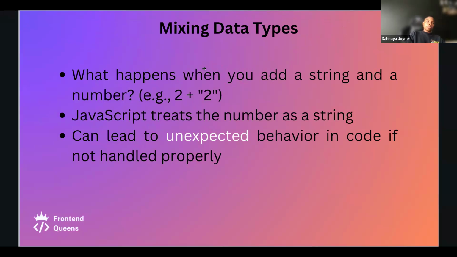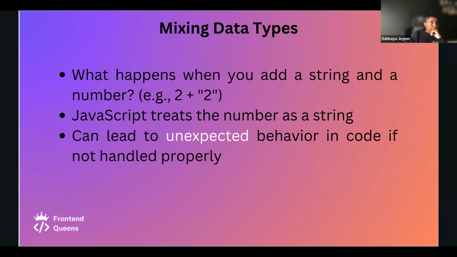So that can lead to some unexpected behavior. If you ever run into this where you're trying to add numbers, but they just combine, then most likely one of them is a string. So you will want to look into that.